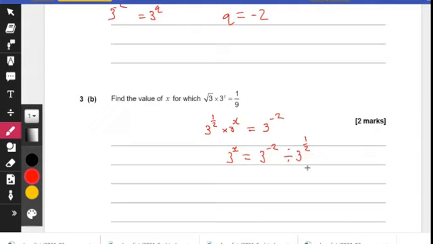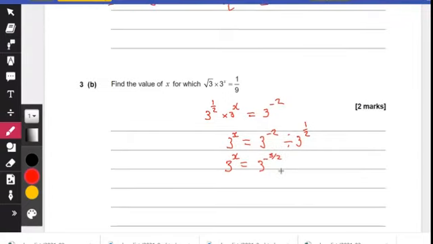When you're dividing, you take away the powers. So that gives us 3 to the power of x equals 3 to the power of minus 2 take away a half, which is minus 2.5, or minus 5 over 2. So therefore, x is equal to minus 5 over 2.